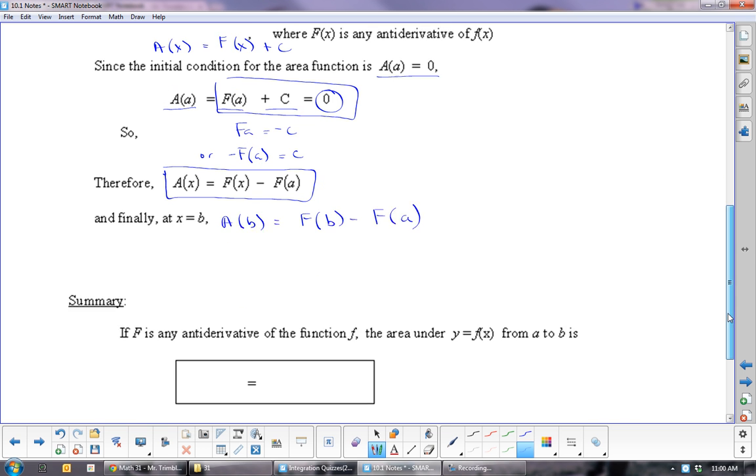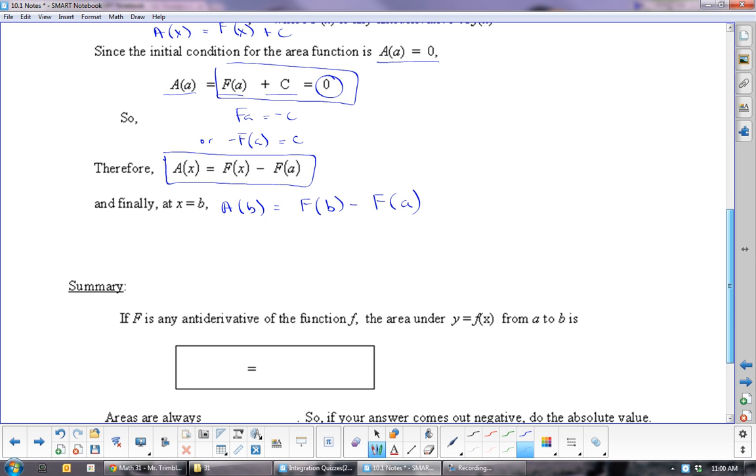So in words, this means the area under b equals the antiderivative at b minus the antiderivative at a.